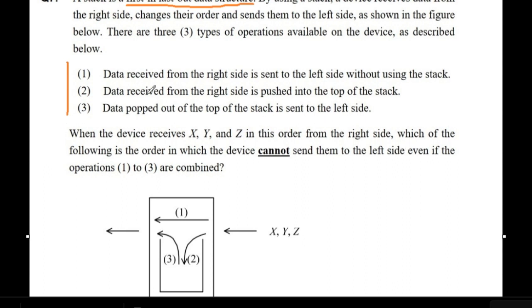It's saying that for operation number one, you put data in the data structure, which is a stack, and then from the left side it goes straight to the right side. The next operation tells us that if you put in data, it just pushes it onto the top of the stack. And for the third operation, you pop it out and it goes to the left side.